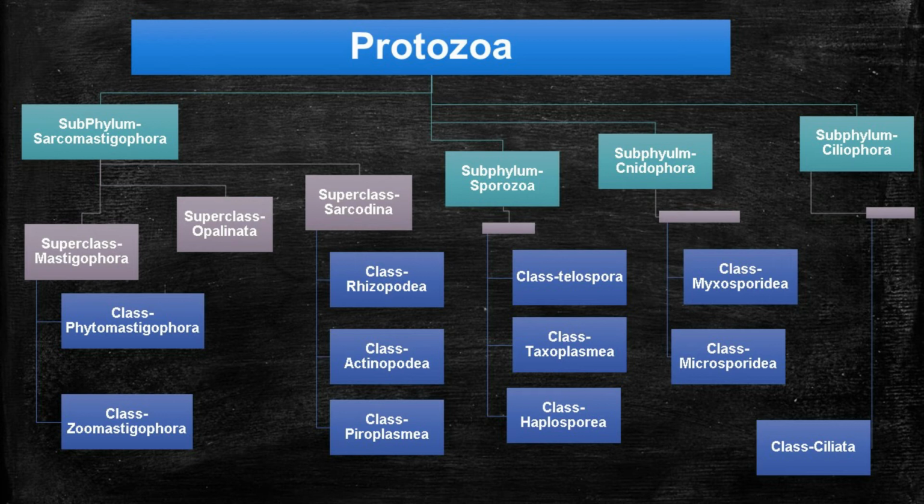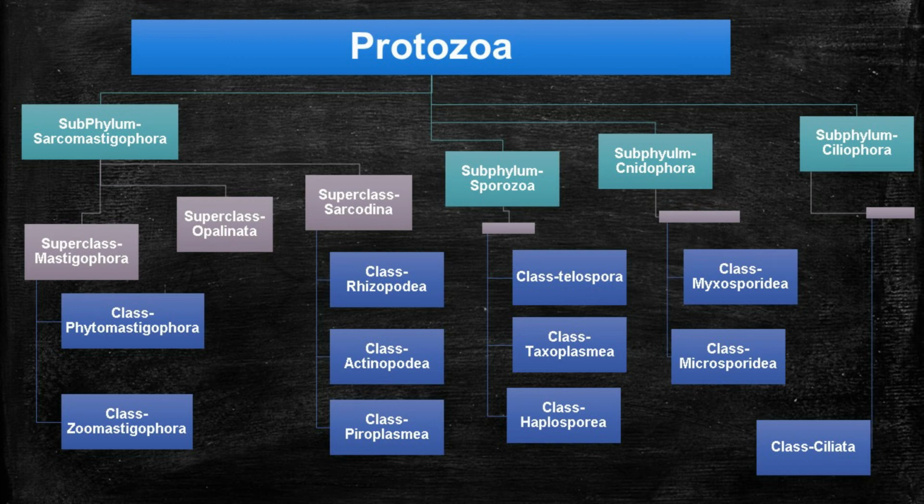So first is subphylum Sarcomastigophora. Its special characteristics are that the nucleus is of a single type, nutrition is holozoic or holophytic, and locomotory organelles are pseudopodia or flagella.